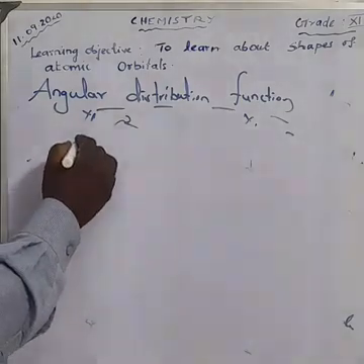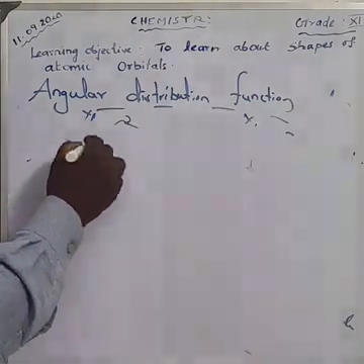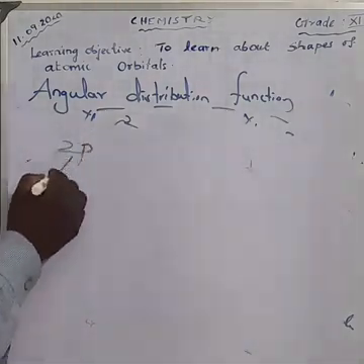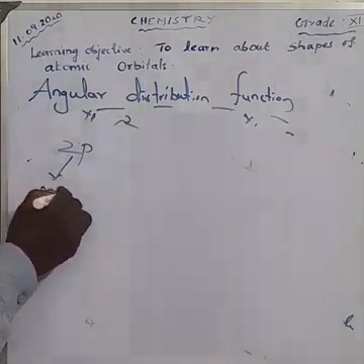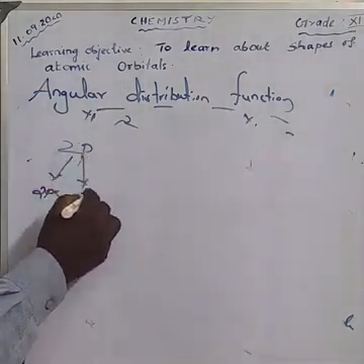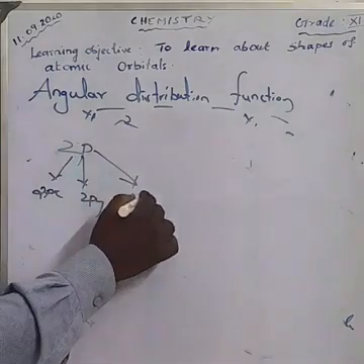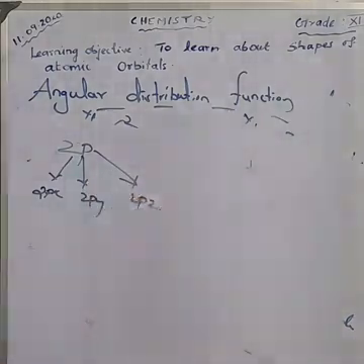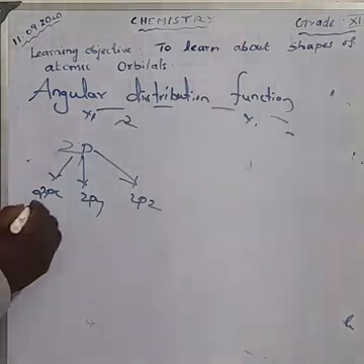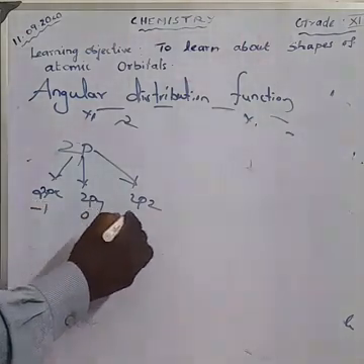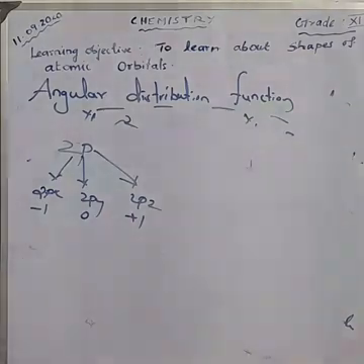One is 2px, another is 2py, another is 2pz. Can you say which values are given to 2px, 2py, 2pz? You are giving -1, 0, +1. Okay, 2p has only one nodal surface.